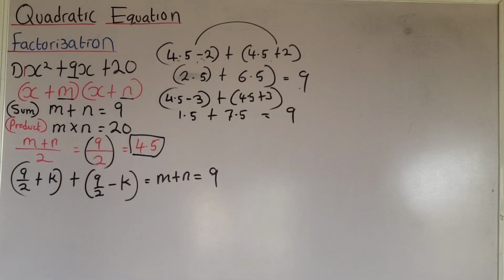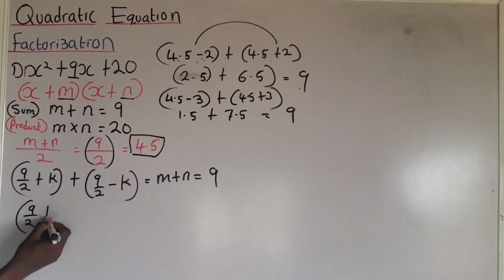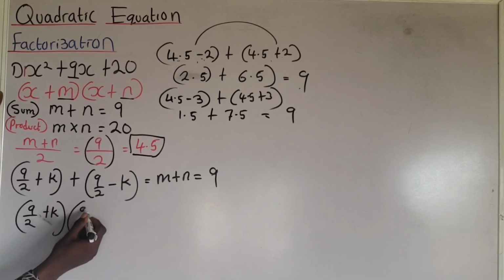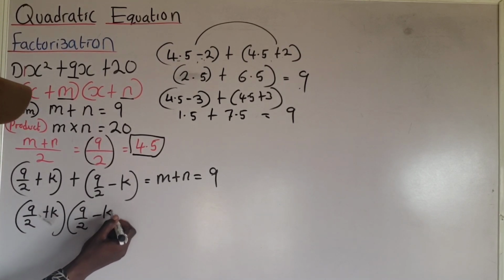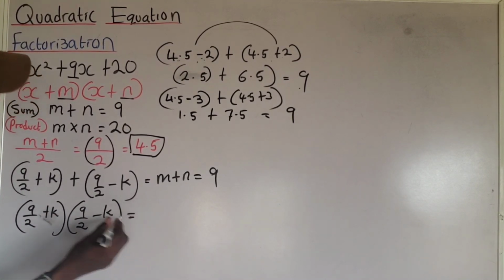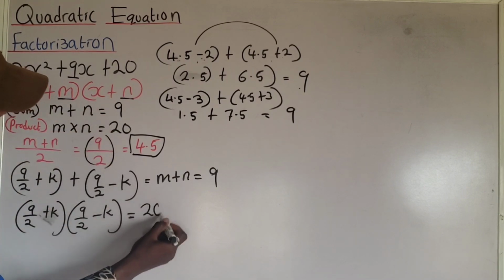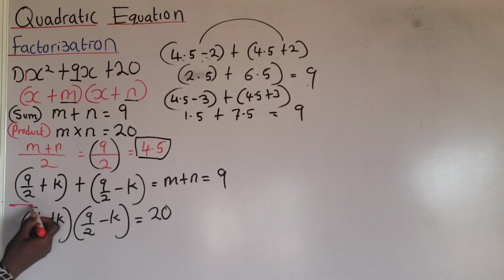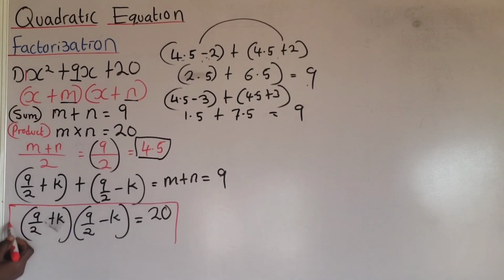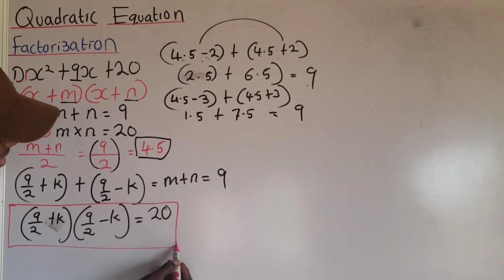Now if the sum must be equal to 9, that means that 9 over 2 plus k multiplied by 9 over 2 minus k must also be equal to the product, which is 20. Please kindly pay attention. It is from this equation that we are going to determine the value of k.